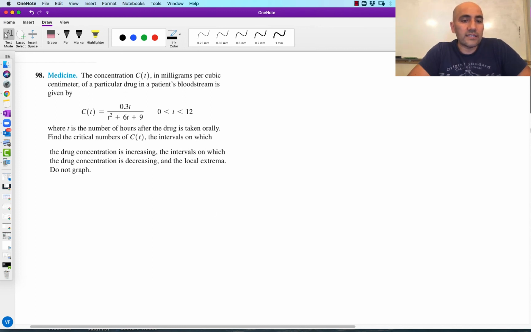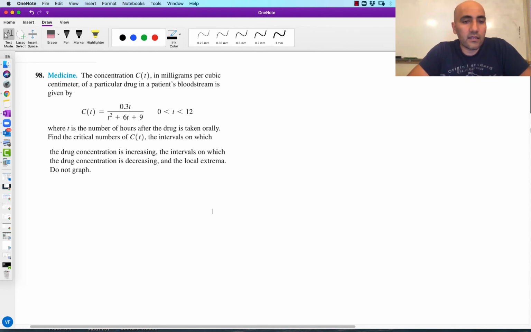So this is where T is the number of hours after the drug is taken orally. Find the critical numbers of C of T, the intervals on which the drug concentration is increasing, the intervals on which the drug concentration is decreasing, and any local extrema.